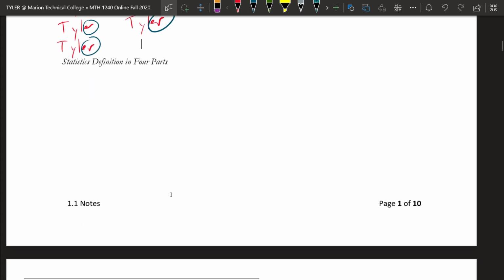So then, just so we can pull apart that statistics definition a little more to understand it, I have looking at the statistics definition in 4 parts. There's really 4 main parts of the definition. The first part is essentially collection of information.